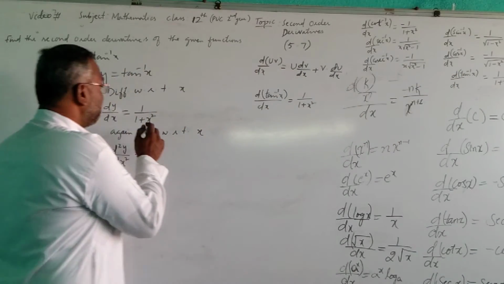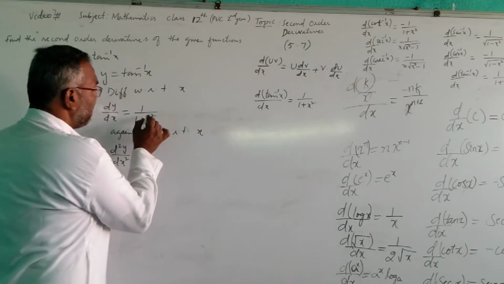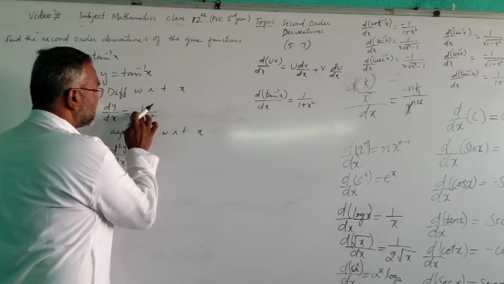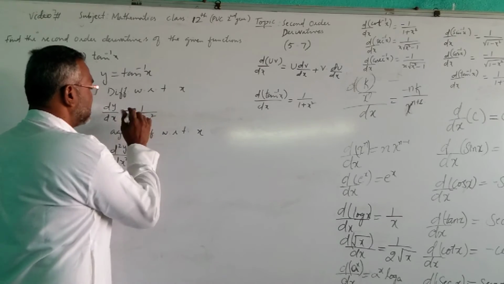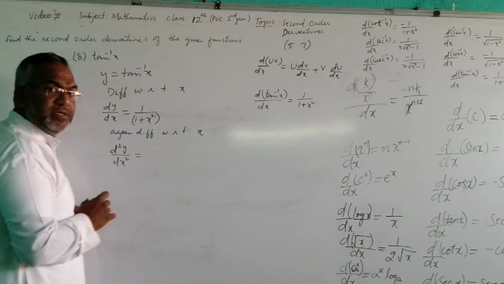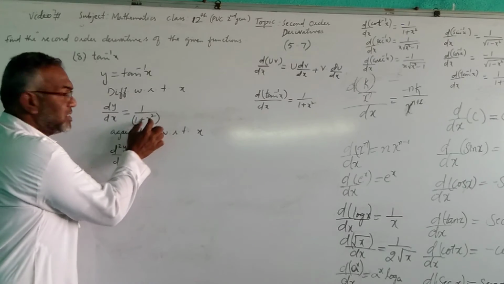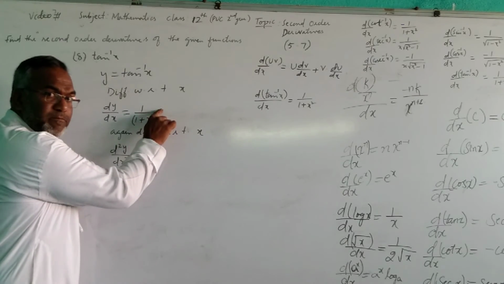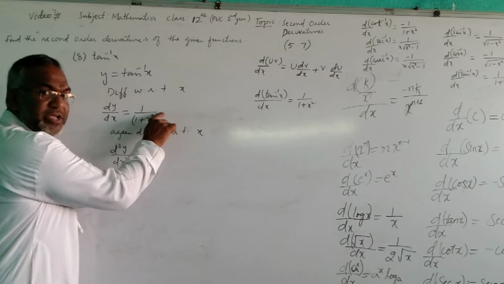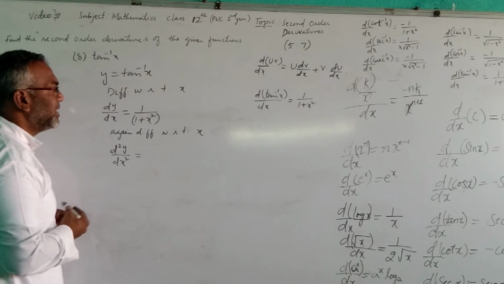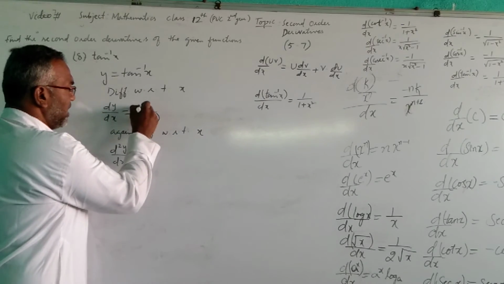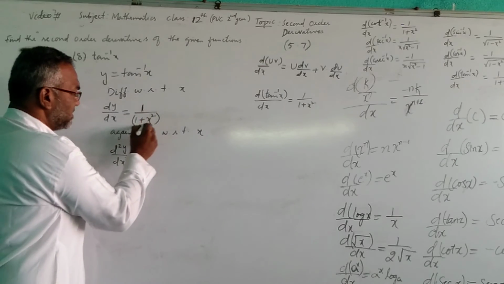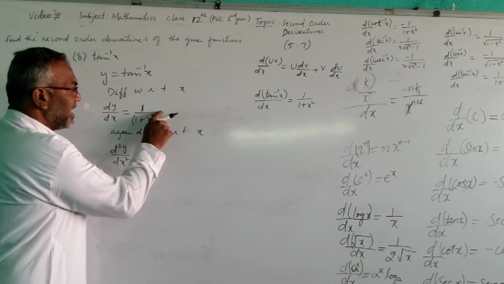But here in place of x we have 1 plus x square, right? This is x for us and its power is 1. This is k constant, this is x and this is n.